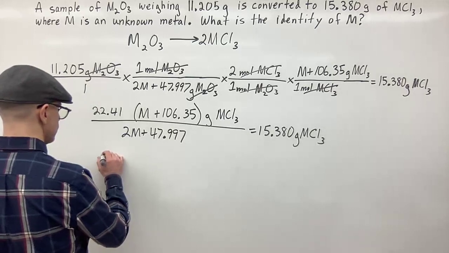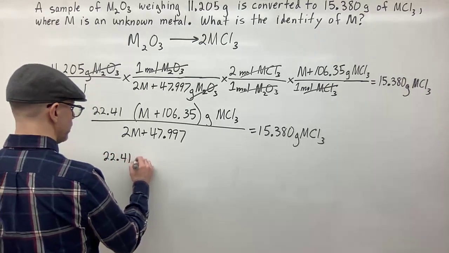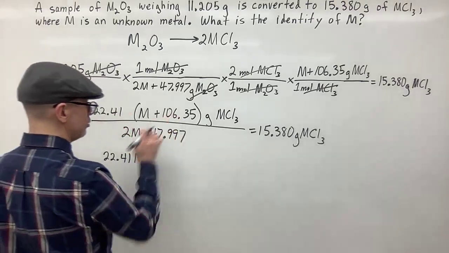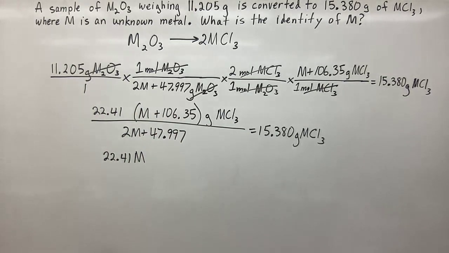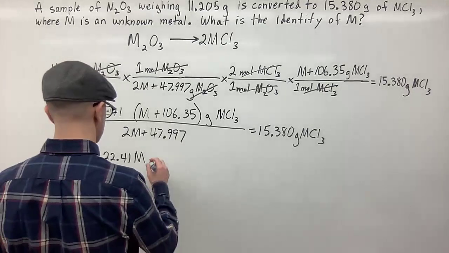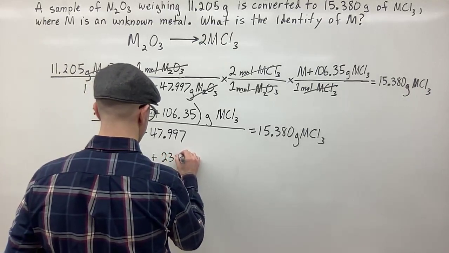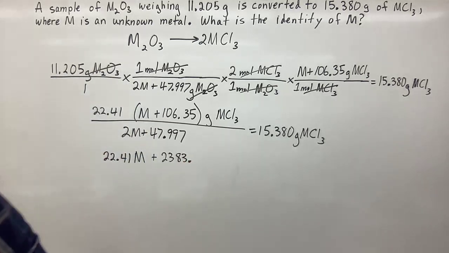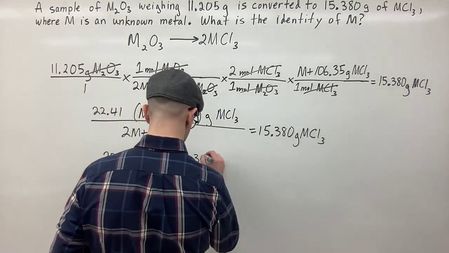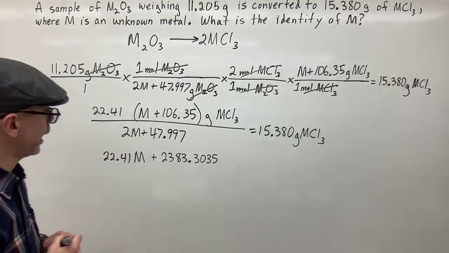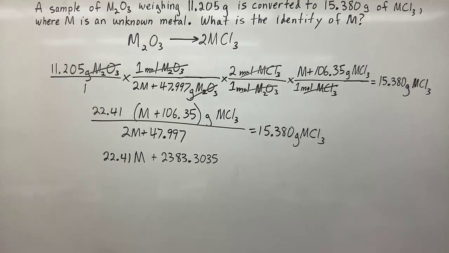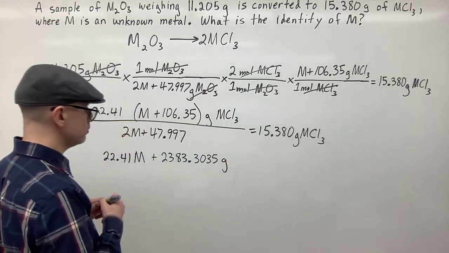And when I do that, I'm going to get 22.41 times M. And then I multiply these two together, and I get 2383.3035 grams.